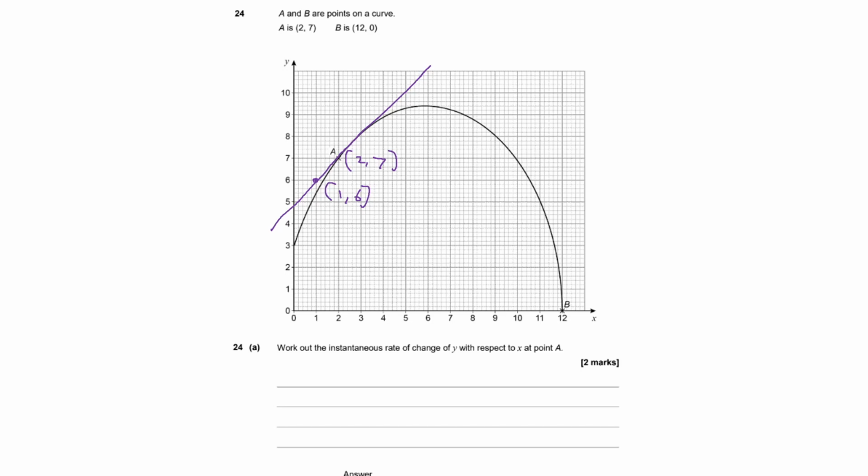So we can say that the estimated gradient is just going to be the change in y over change in x, which is going to be 7 minus 6 over 2 minus 1, which is just equal to 1. And so therefore the instantaneous rate of change is just going to be 1.